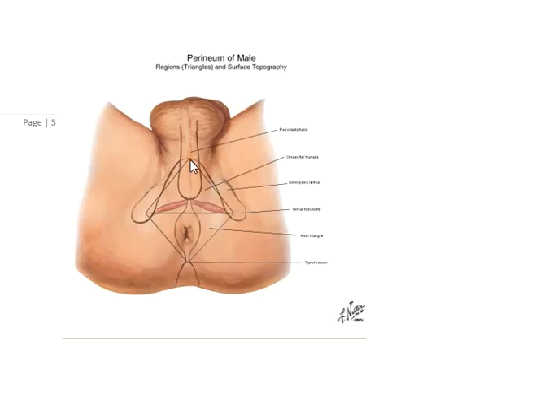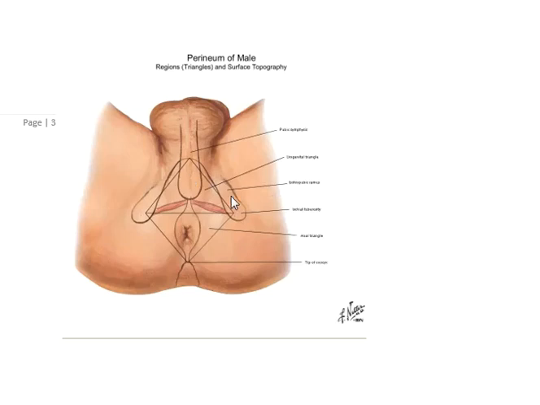As I told you, a diamond like this can be divided into two triangles, the urogenital triangle and the anal triangle, because of the anus and because of the genital and urinary system.